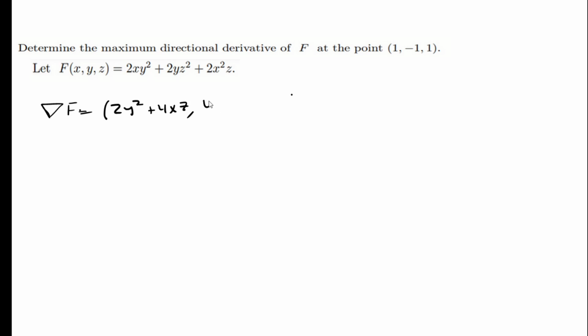And then that's going to be 4xy plus 2z squared. That's 0. Then derivative with respect to z, that's going to be 4yz plus 2x squared.